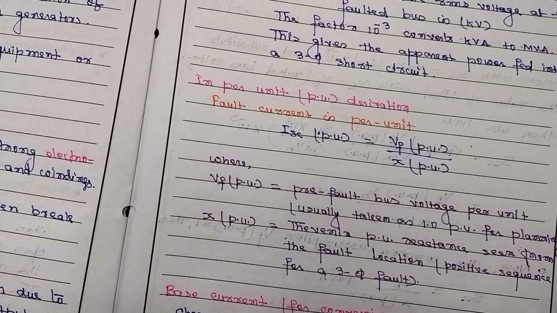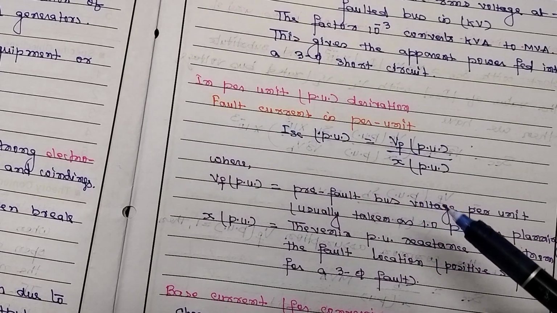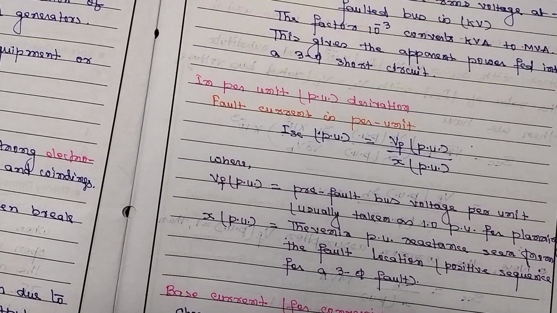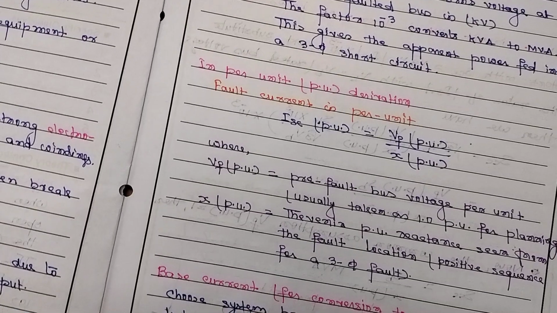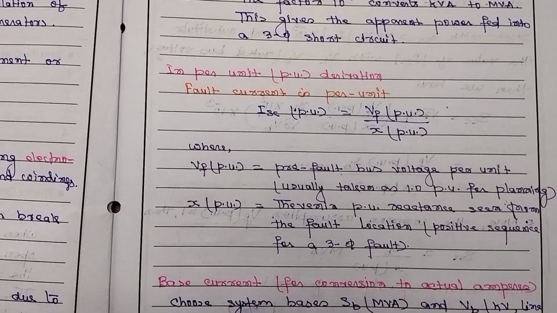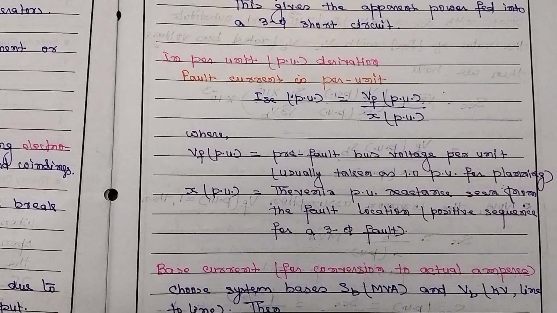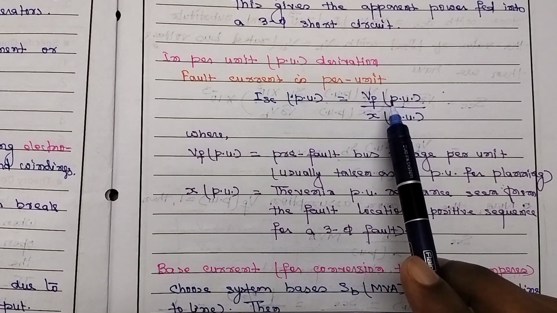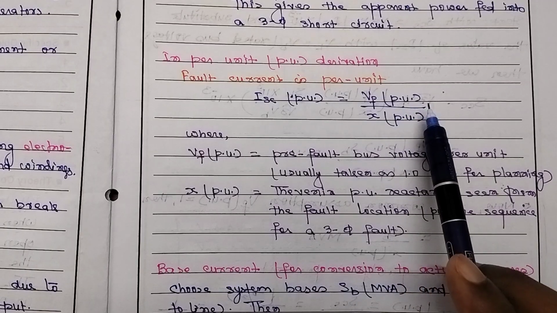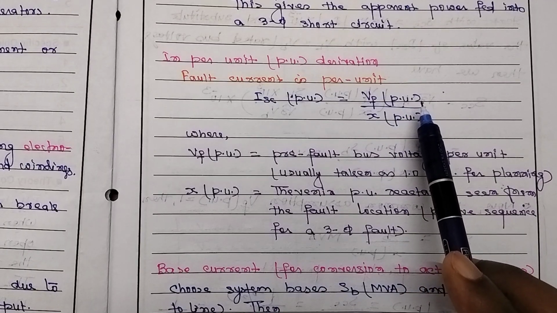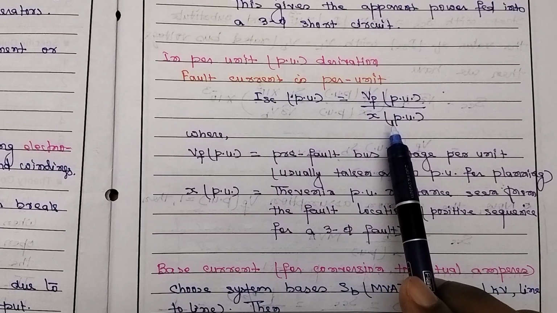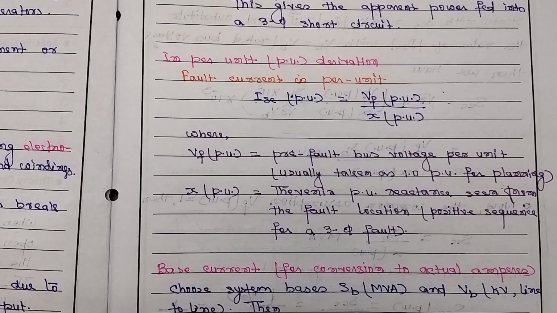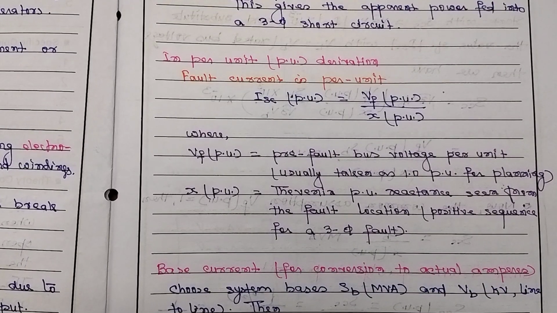In per unit, the fault current is simply the pre-fault bus voltage divided by the Thevenin reactance in per unit. So what are VF and X per unit? VF per unit is the pre-fault bus voltage, often taken as 1.0 per unit. And X per unit is the Thevenin reactance to the fault, that is, of the positive sequence network.